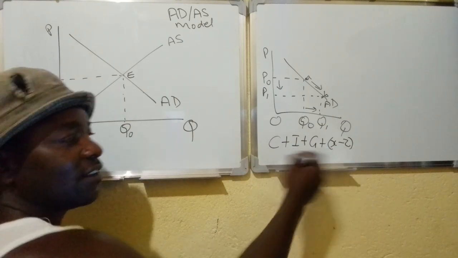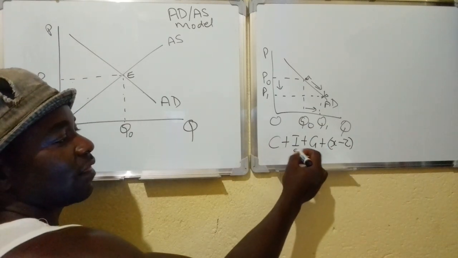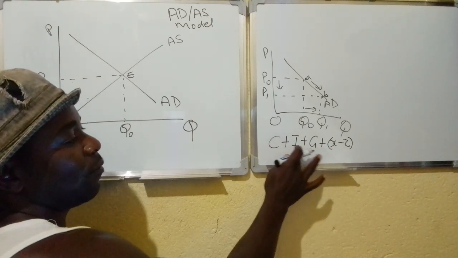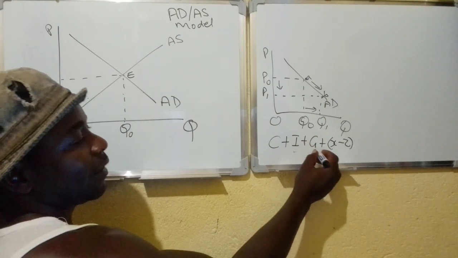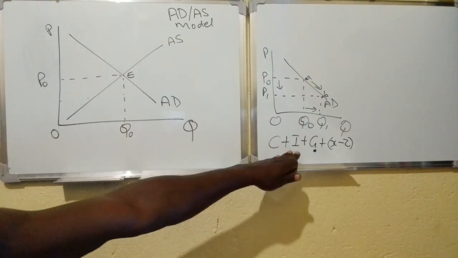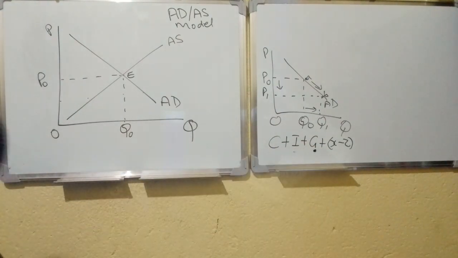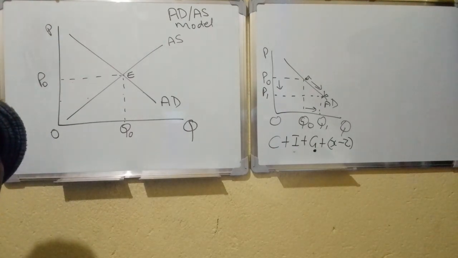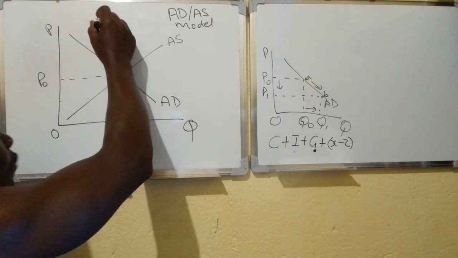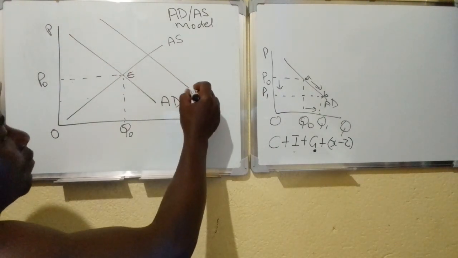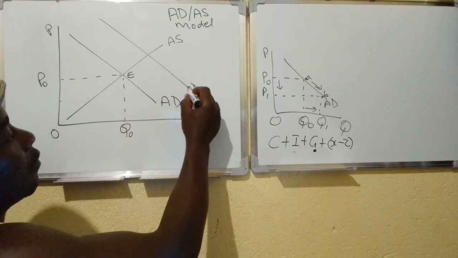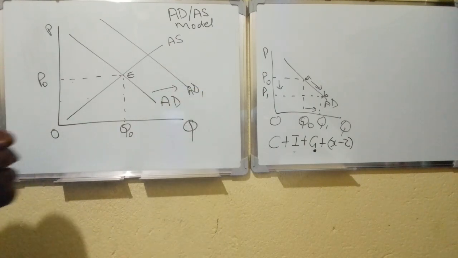If anything changes in any of these, let's say the government expenditure increases, this will push the AD curve to the right, to AD1.